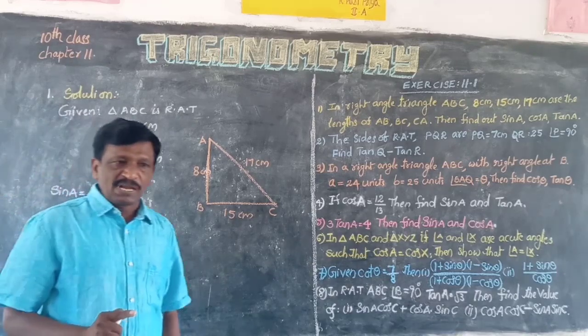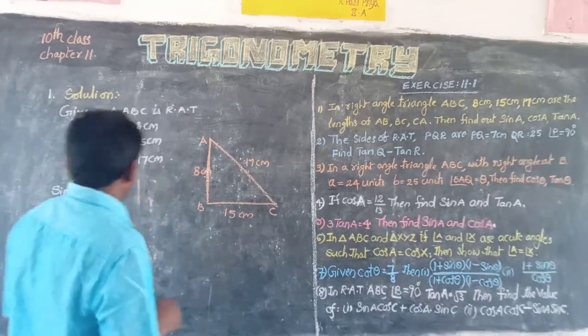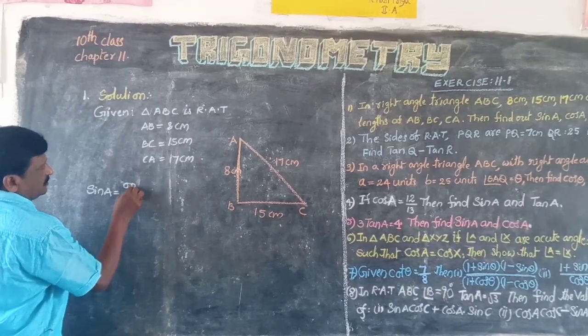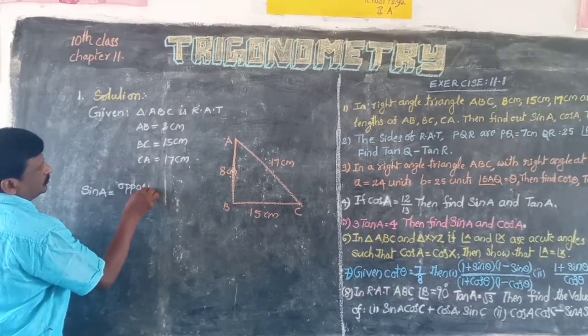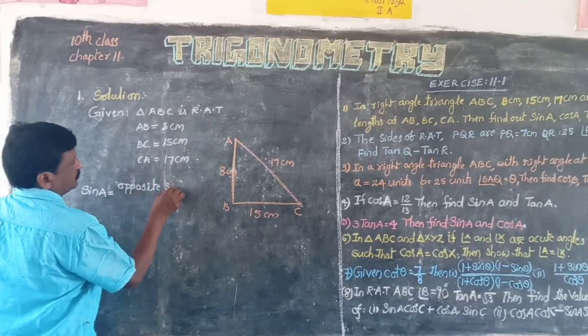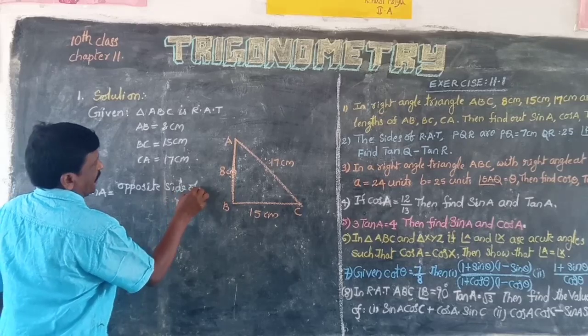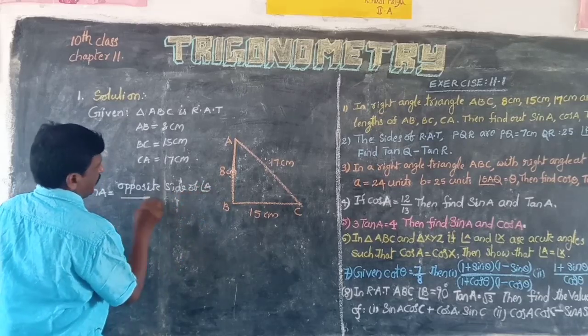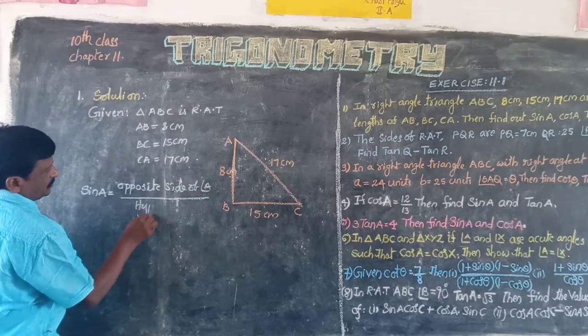Do you remember the formula for sin A? Sin A is the opposite side of angle A by hypotenuse.